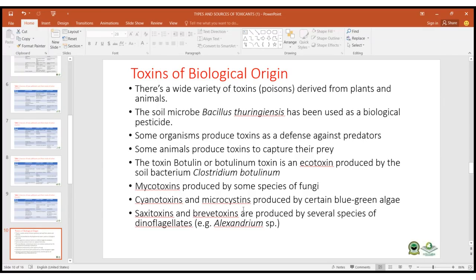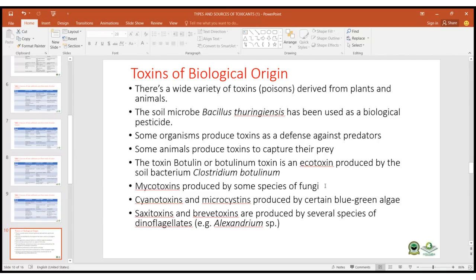We also have the mycotoxins. The mycotoxins are those produced by fungi, and I mentioned to you earlier about aflatoxin. Fungi, especially Aspergillus, produce certain toxins.